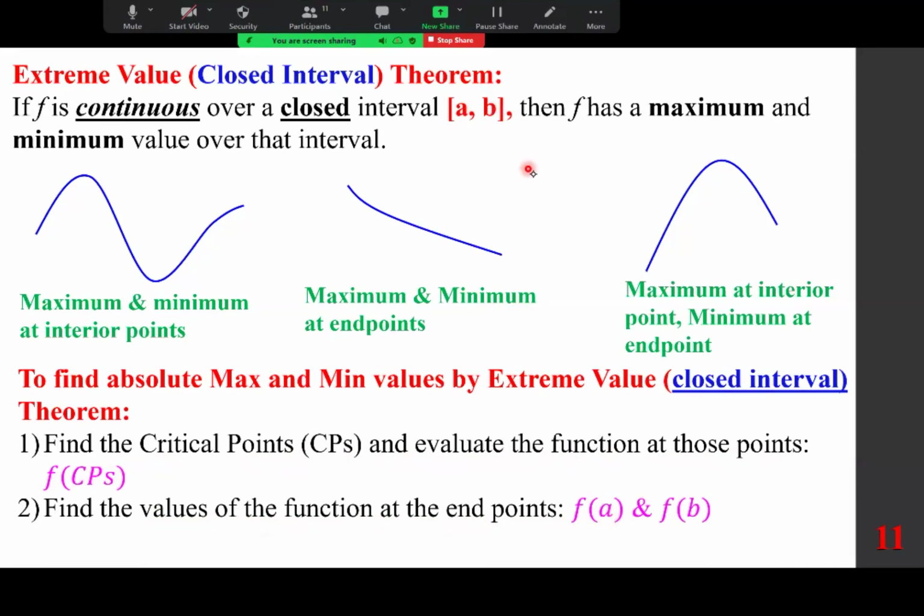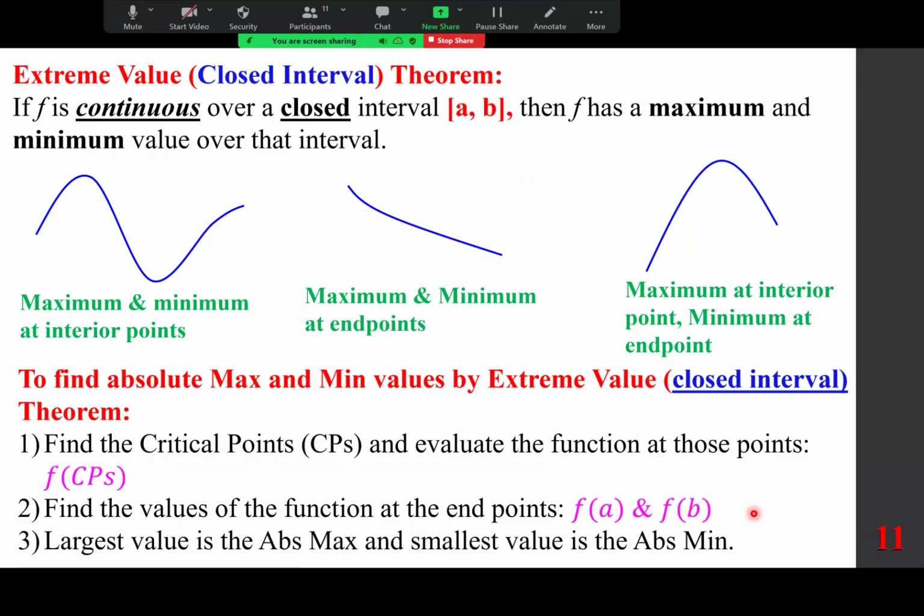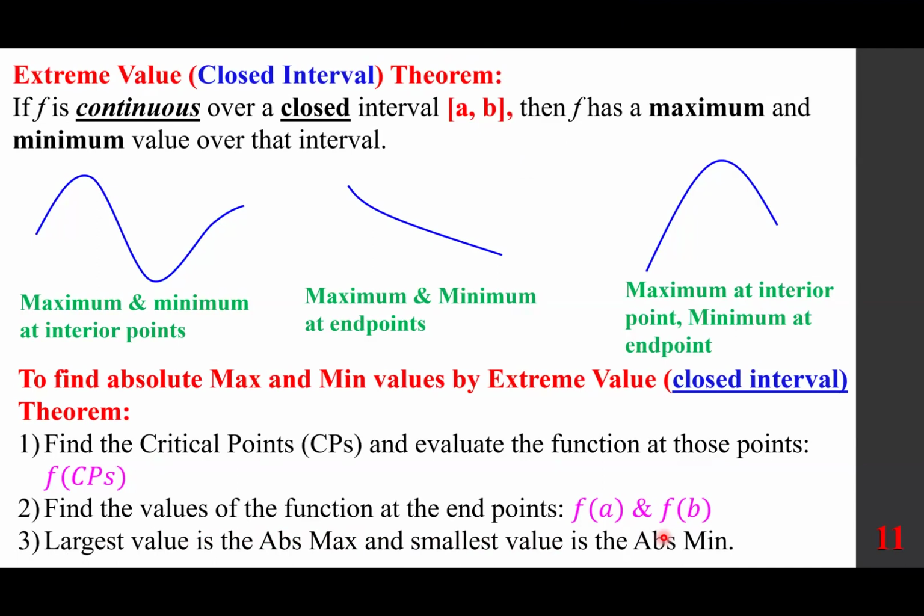Finally, third step, the largest value is the absolute max and the smallest value is the absolute minimum of the function. So pretty straightforward, everybody.